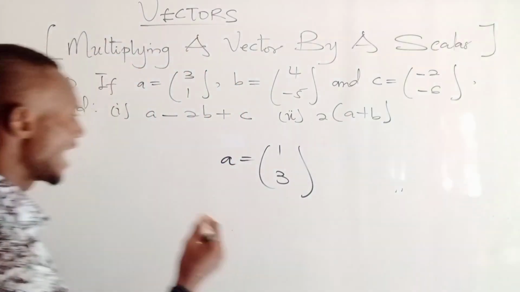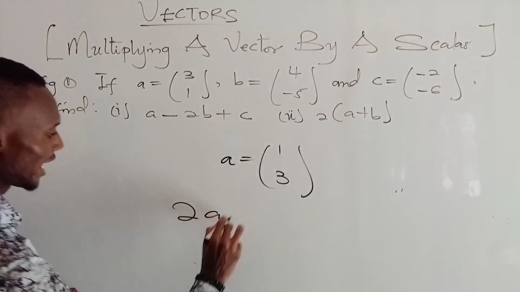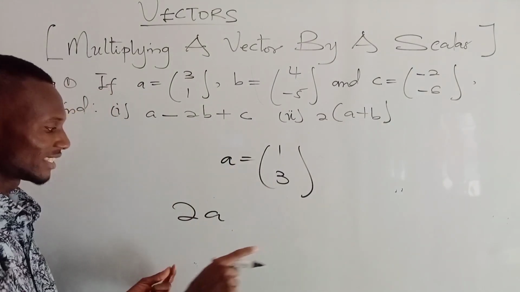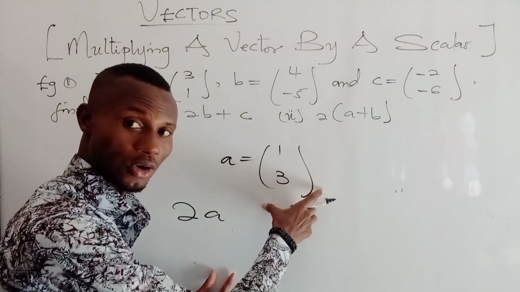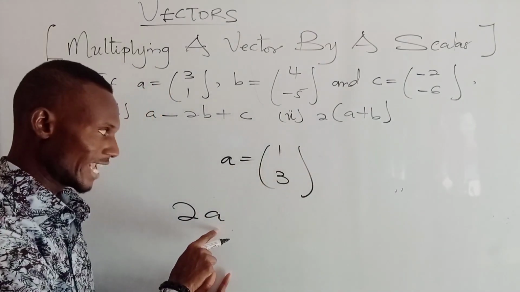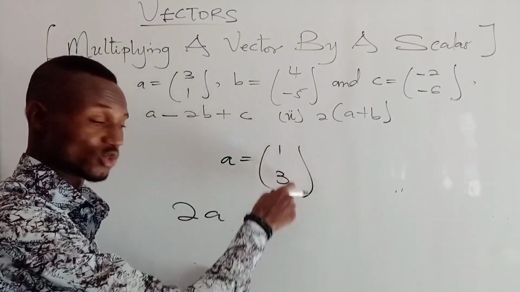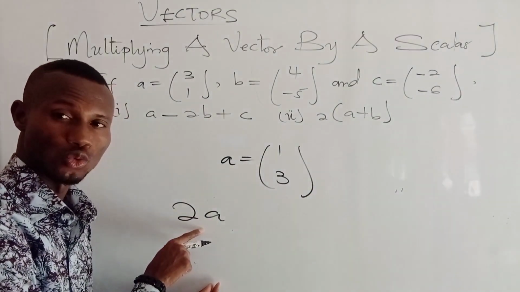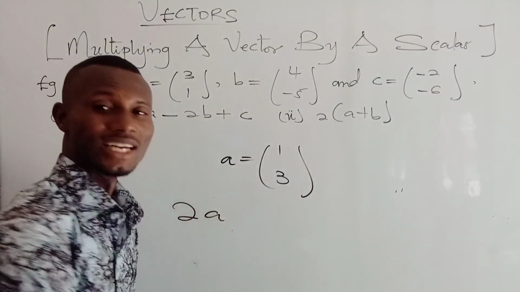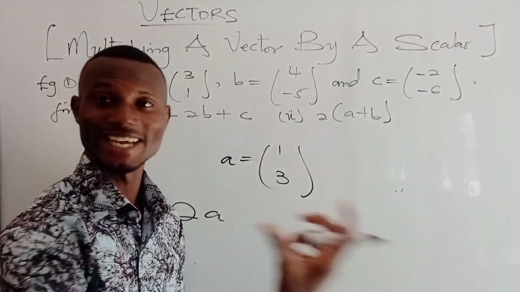So if I write 2a on the board, the a represents the vector on the board, which is (1, 3). Now I have 2 multiplying the a. So this 2, which is multiplying the vector a, is called a scalar.